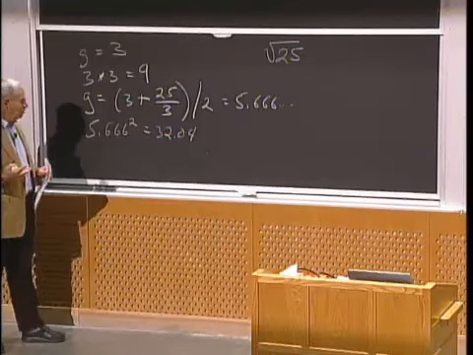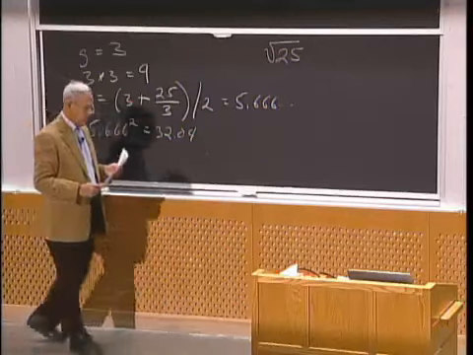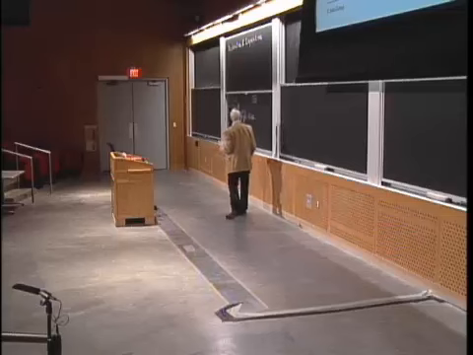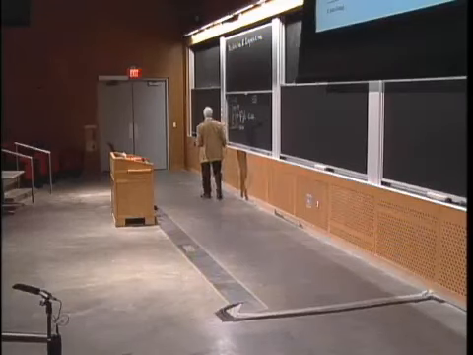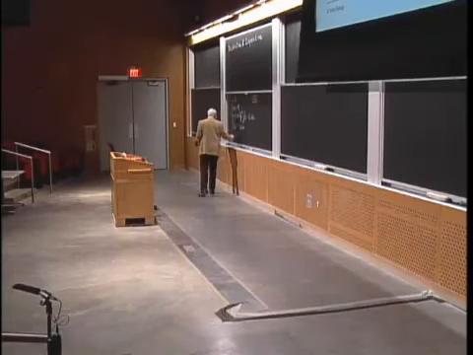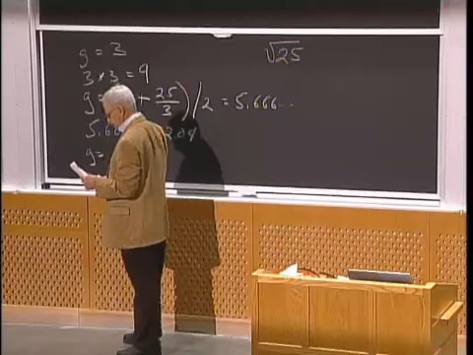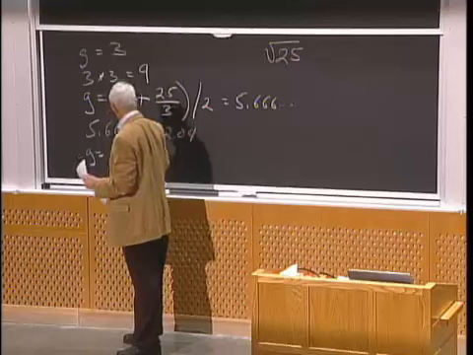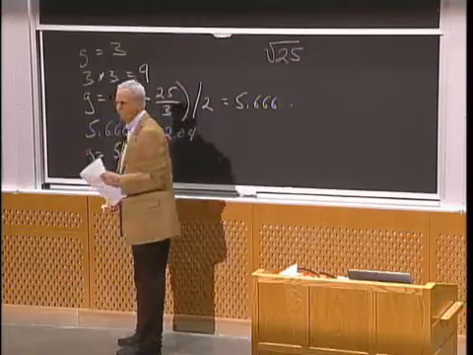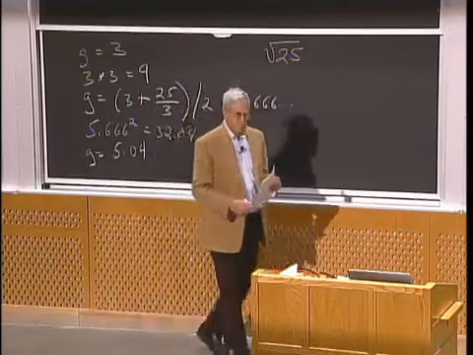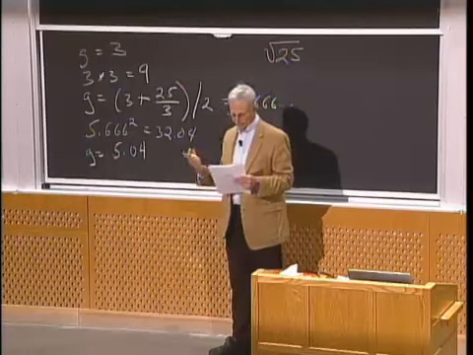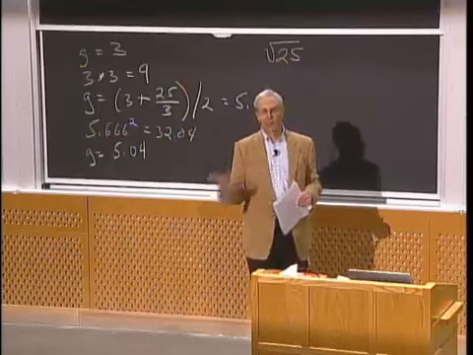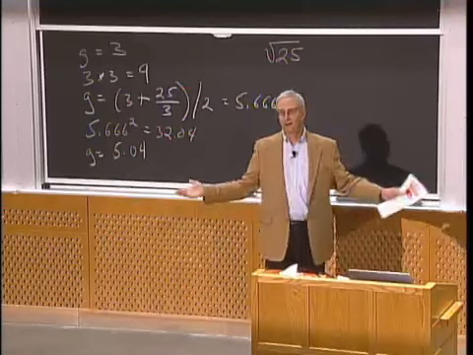Close enough to 25? Probably not. So we'll take another step, and we'll set G equal to, well, when we're done with it all, I'm not going to bore you with writing the formula again. It'll be 5.04. If we square that, it's 25.4. We decide that's close enough to 25, and we're done.